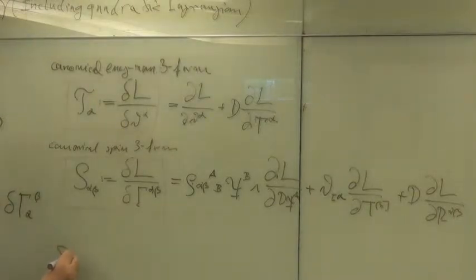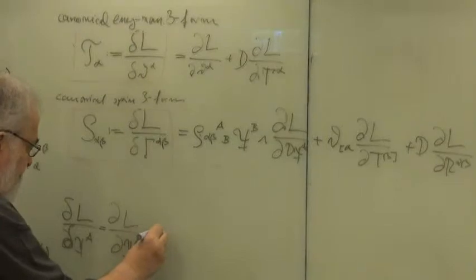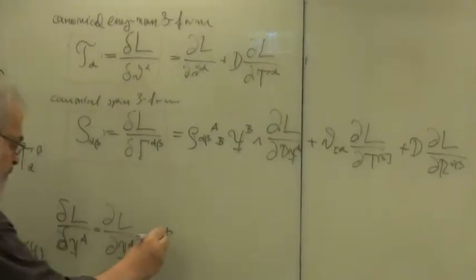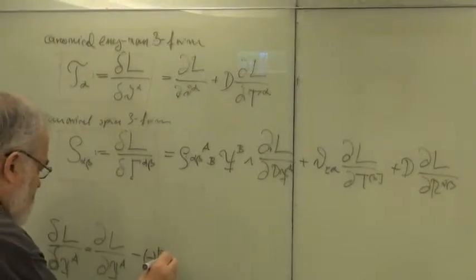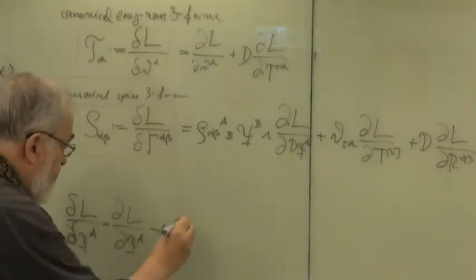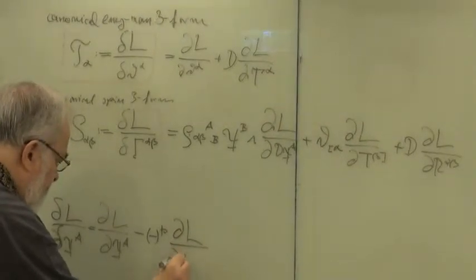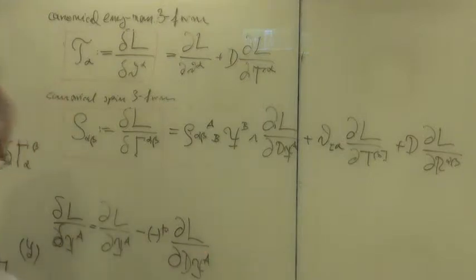So the variational derivative of L over D psi A is equal to partial derivative minus, and then minus the form, P form times EL over E psi A. Okay, so these two formulas we use again and again.